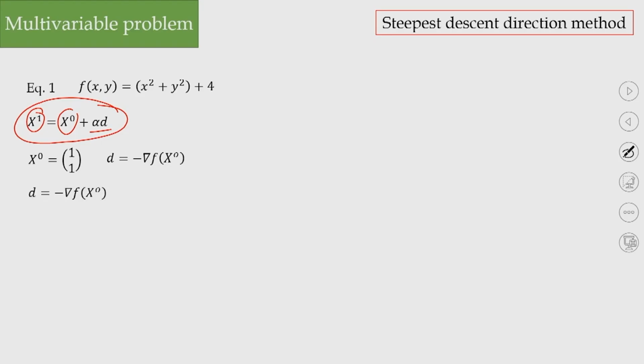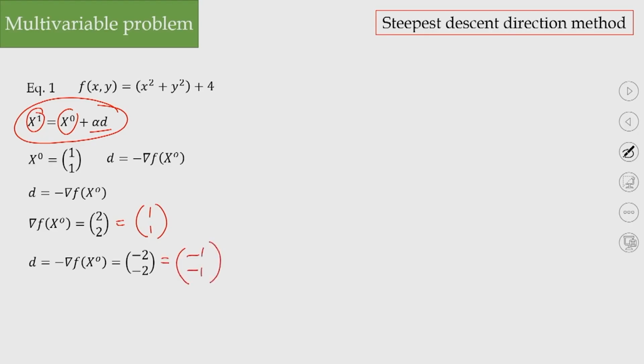If I calculate the gradient at x naught, I am getting 2 2. The direction will be the negative of the gradient, so you can write minus 2 2, or I can divide this by 2 and take 1 1, basically you will go along the same direction. So, you can also take minus 1 minus 1, it does not matter.